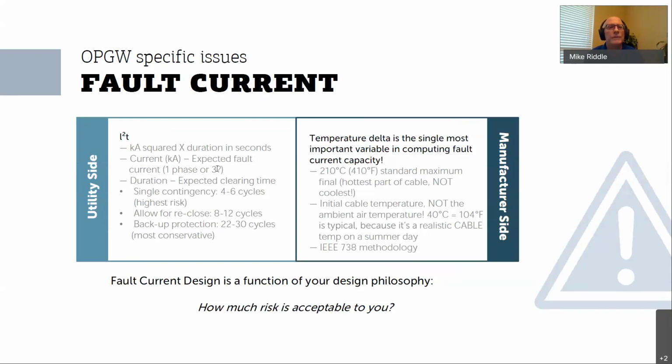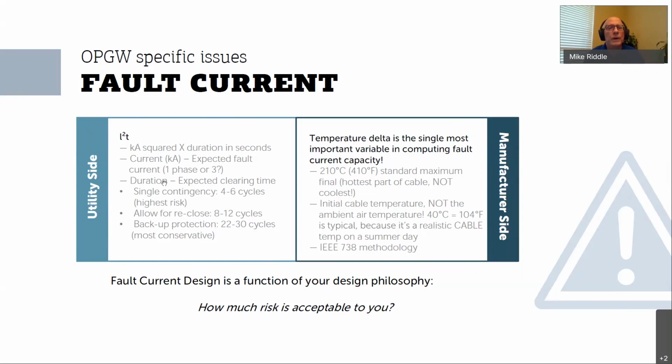It's more like a factor of two. But because the fault current is squared in this calculation, doubling it effectively increases the fault current capacity by a factor of 4, right? 2 squared. The higher this number, the more metal I have to have in the cable. I mean, that's basic physics.